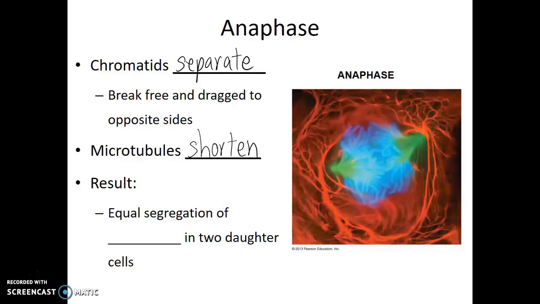The result is that each of the duplicated chromosomes has now been split down the middle, with one sister chromatid traveling towards each pole. Once the sister chromatids separate from each other, they are now known as daughter chromosomes. We have the daughter chromosomes moving towards opposite poles of the cell.